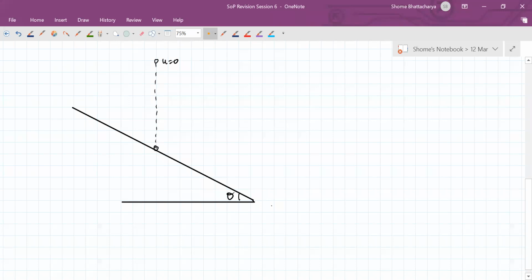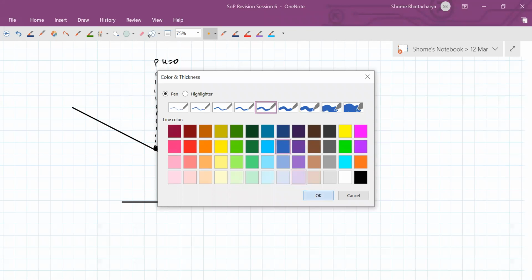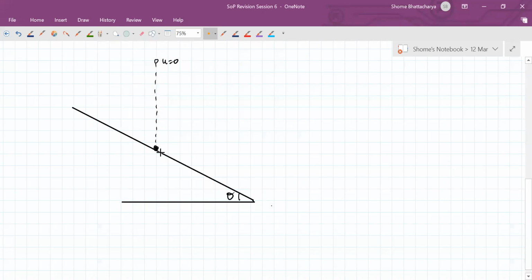So by the time it collides over here, it will have an impact velocity, let us say u, which is vertically downwards. So u will be equal to root 2gh, which in this case becomes 20 meters per second.